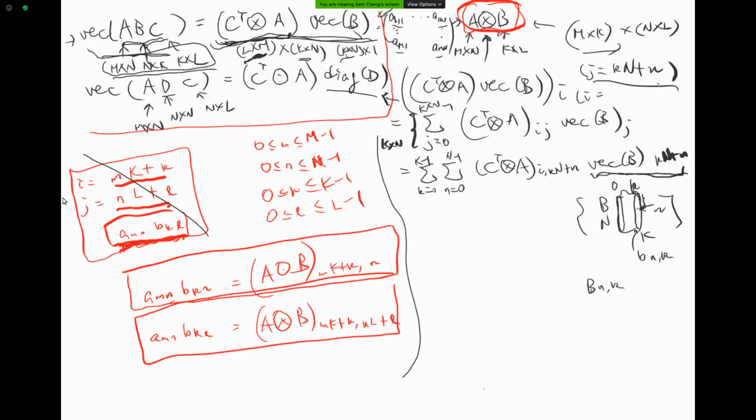I want to pick I from, let's see, I have C transpose, where the dimension is L. So I think I should pick I something like L times small m plus small l.